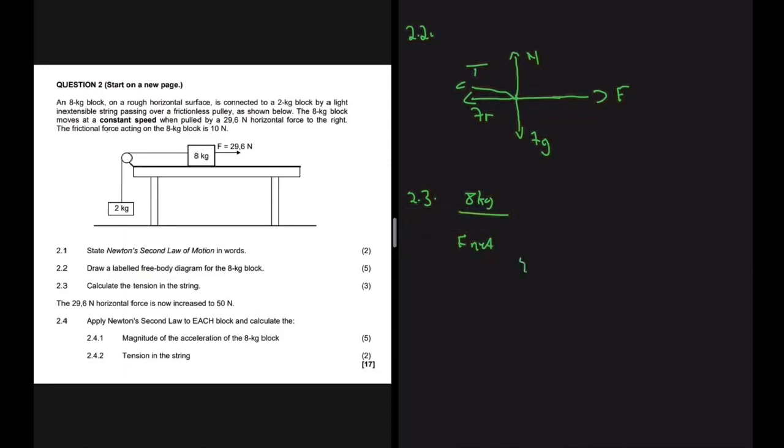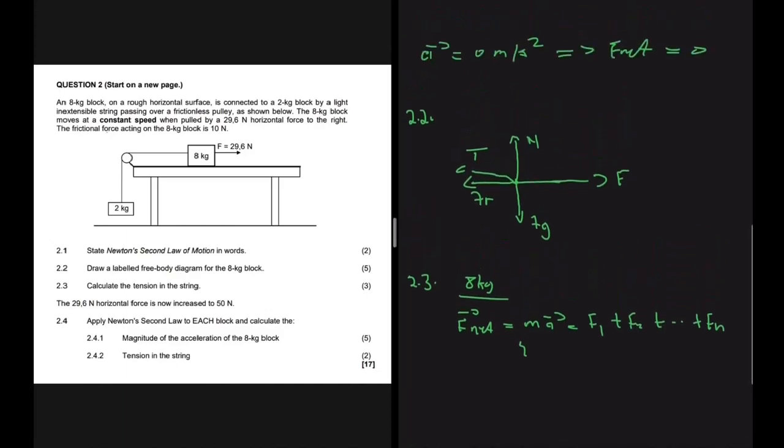F net equals mass multiplied by acceleration. And we also know that F net is equal to the first force plus the second force, and then some force n, right? So what are the forces acting horizontally on the 8 kg block?